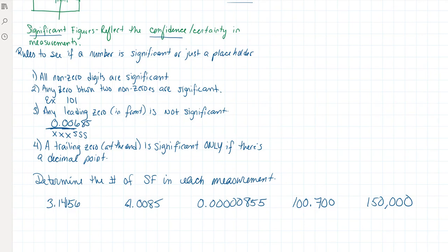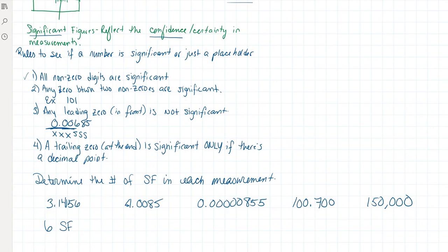When I take a look at this first one, I measured 3.14156 units. None of these are a zero, so according to rule number 1, I have 6 significant figures in this number. When I look at this next example, I have 5 digits, and 3 of them are not zero, but both of these zeros are in between a 4 and an 8.